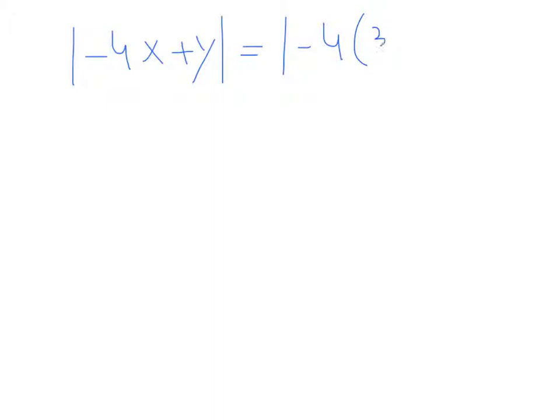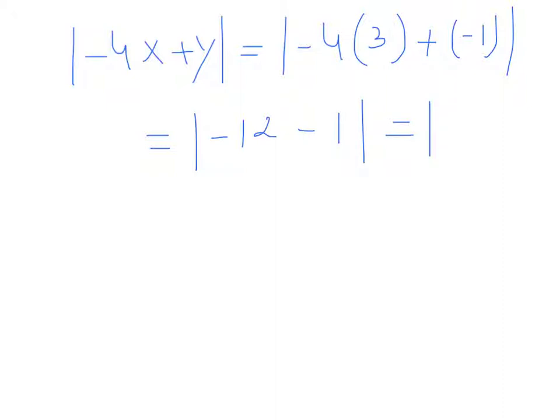So we substitute x by 3 and y by -1. It would be a good idea to add parentheses when we have negative signs, so we can avoid problems with addition and subtraction. So -4 times 3 would be -12, minus 1, and -12 minus 1 would be -13.